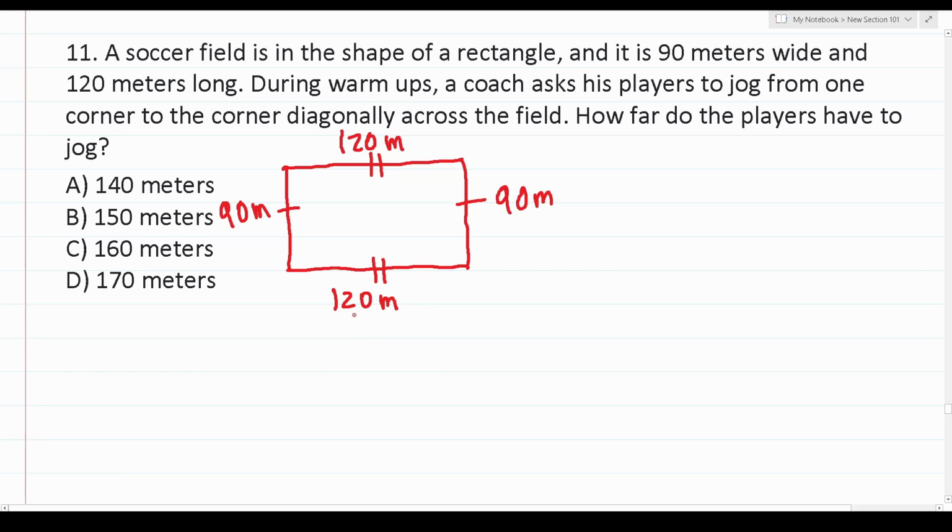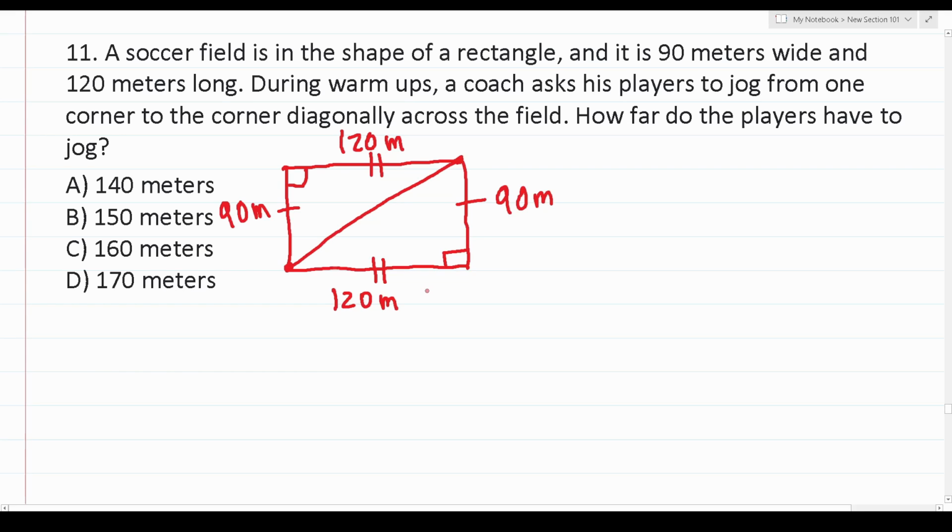Finally, we were told that the coach asked them to jog from corner to corner. So that means they're going to jog from here to here. And if we draw a straight line to mimic the path they jogged, that looks like this. When you cut a rectangle in half with a straight line, what you create are two right triangles.